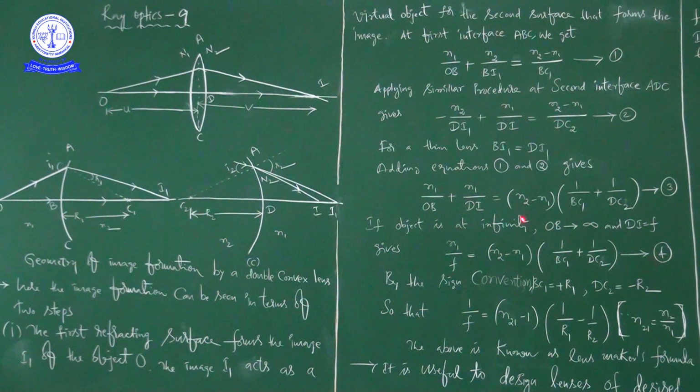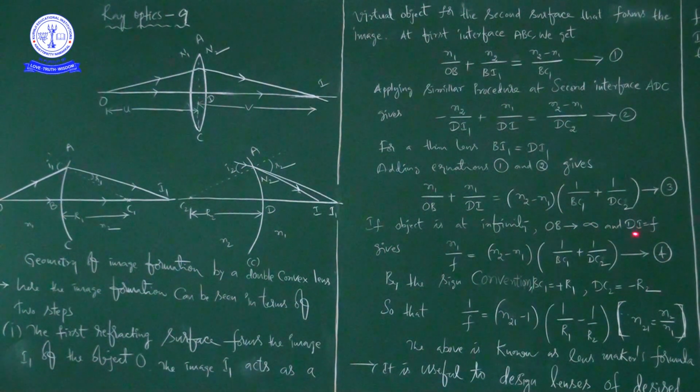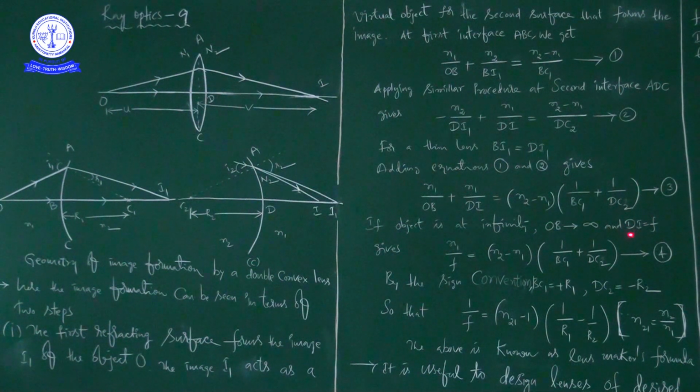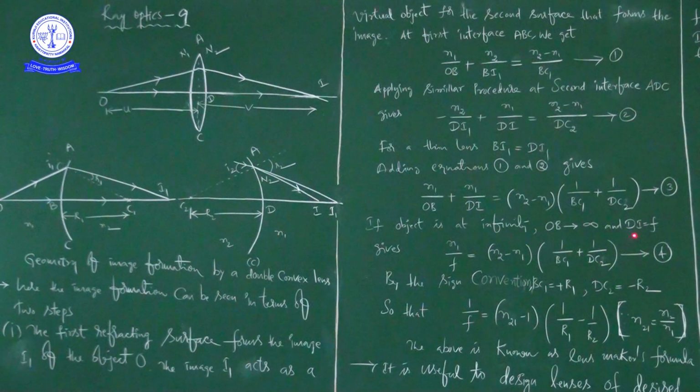Suppose the object is at infinity. Then OB tends to infinity. So in place of OB you can write infinity, then DI is equal to F. Here you have to know the importance of this situation when the image is formed.